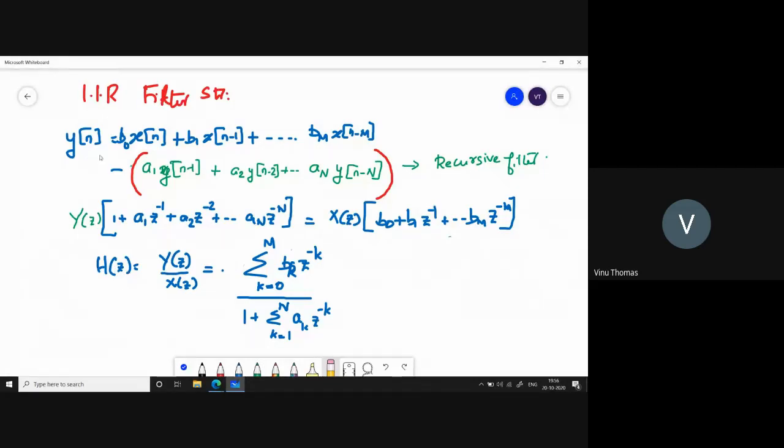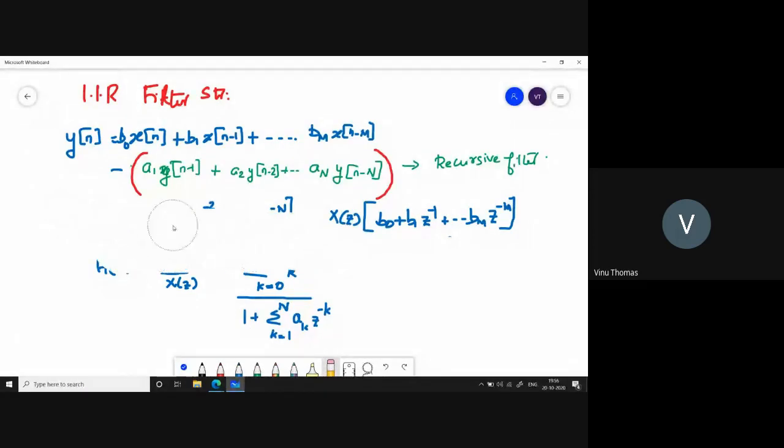For this, we will look at this equation to implement the filter structure. So we'll just rub off the rest and look at a way in which this structure can be implemented.